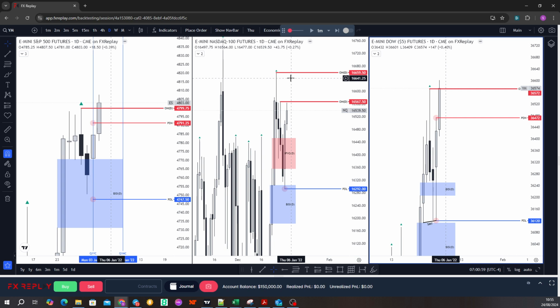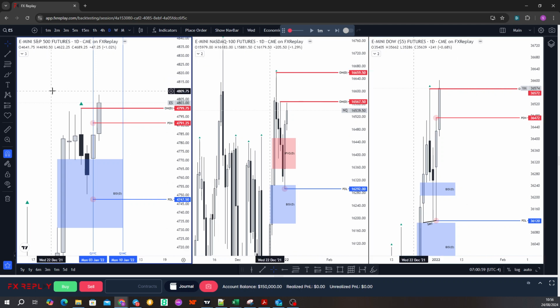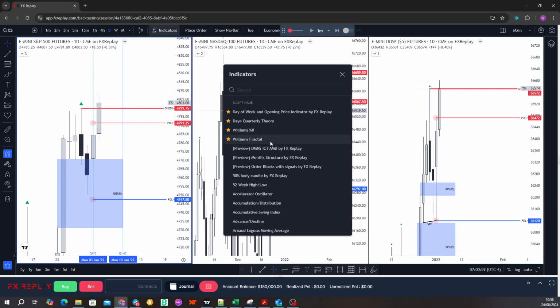Now, for whatever reason, the quarterly theory indicator doesn't appear to be showing the monthly cycle and above. Not too sure why. We can just test that again.